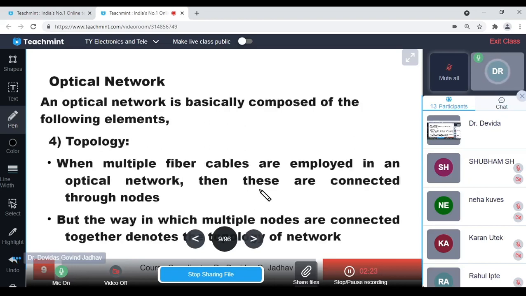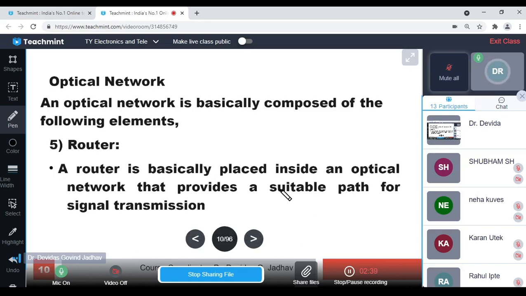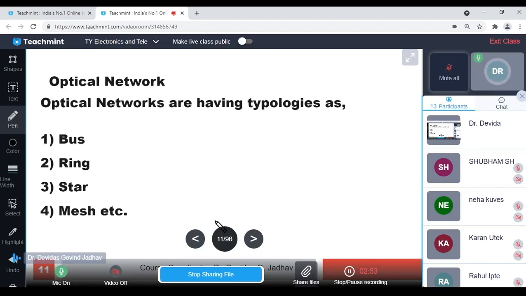Various topologies are there for multiple fiber cable connectivity, connected with the nodes. Which style of connection is adopted, that is the topology. Multiple nodes connected together denote the topology of the network. Then there is a router. It is basically placed inside the optical network and provides the suitable path for the signal, so an efficient or optimum path.